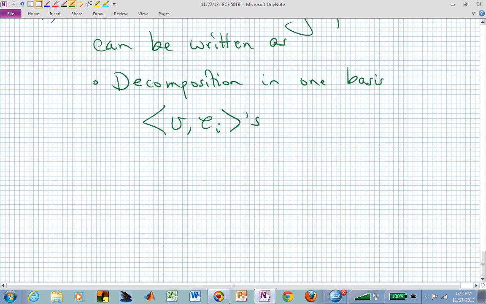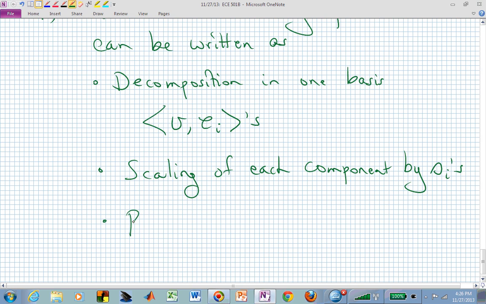So we have a decomposition in one basis, which is the e's. Then for each of these, inner products of v with e1, e2, we scale them by the appropriate singular value. So we have this scaling of each component by the s sub i's.